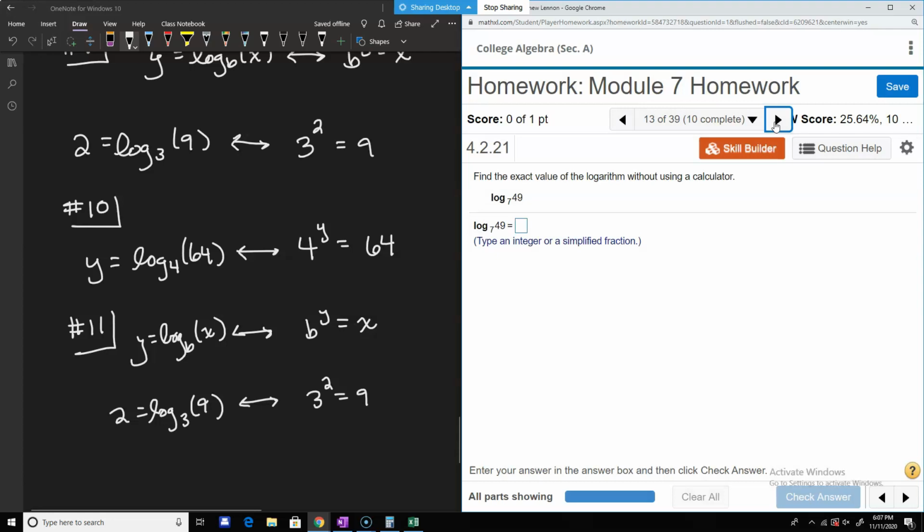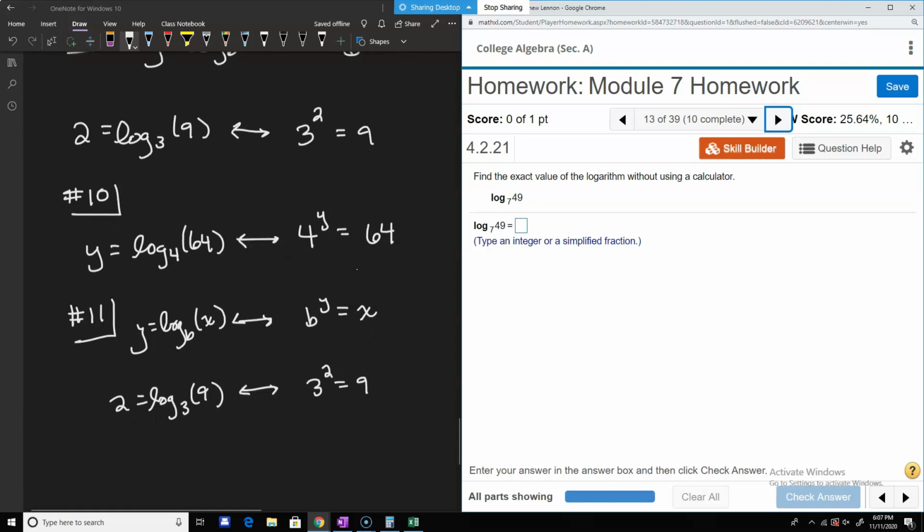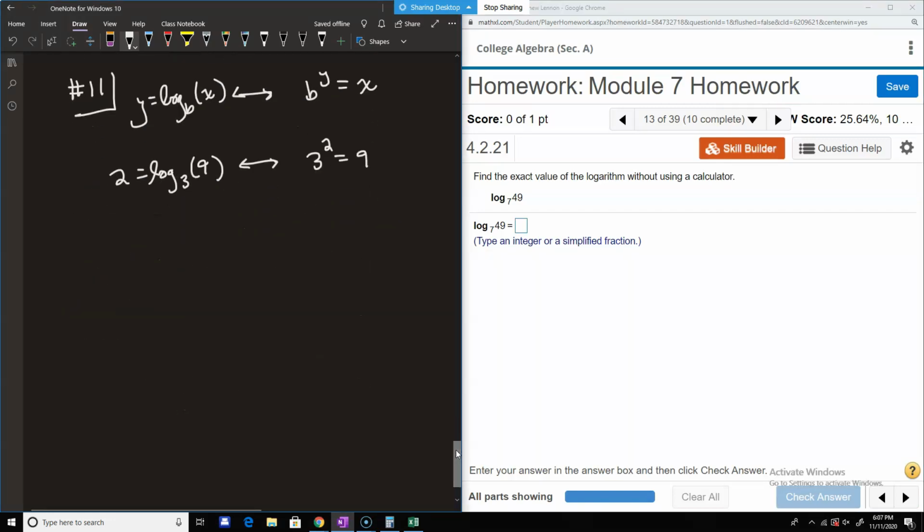Okay, find the exact value of the logarithm without using a calculator. So this is what we get into. These are not so bad. This is just evaluation using that question method I said before.